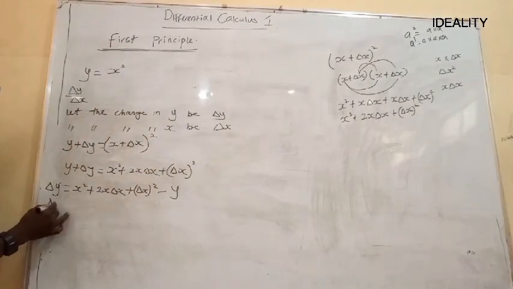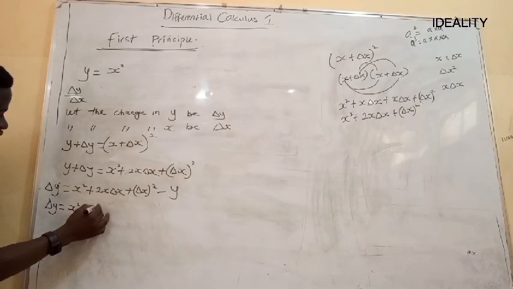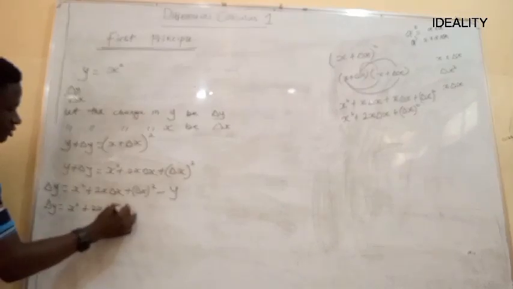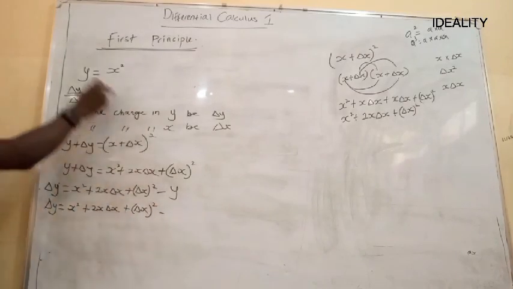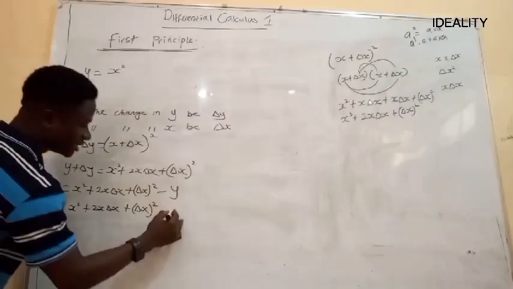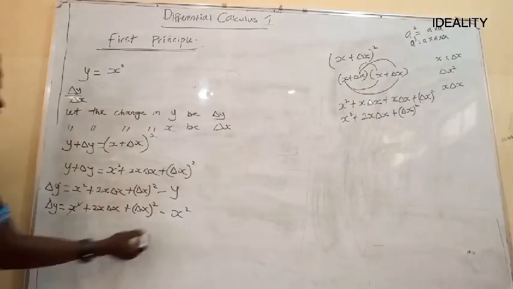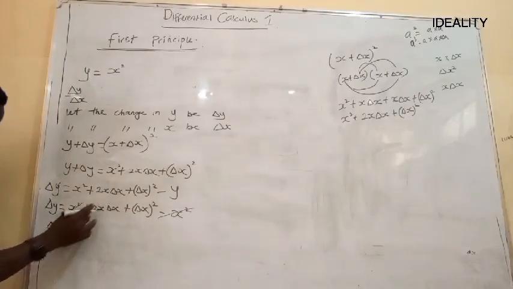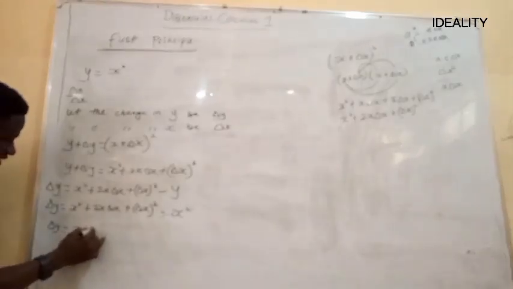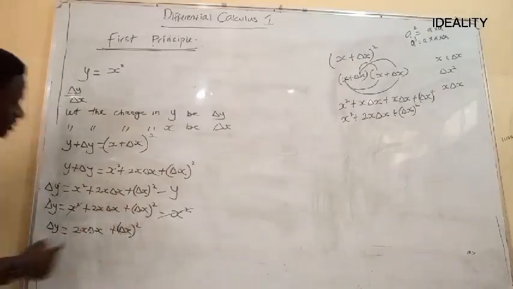So this x squared can cancel this x squared. So I'm left with theta y to be equals to 2x theta x plus theta x squared.